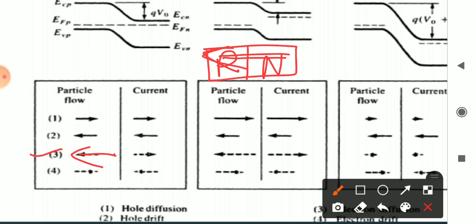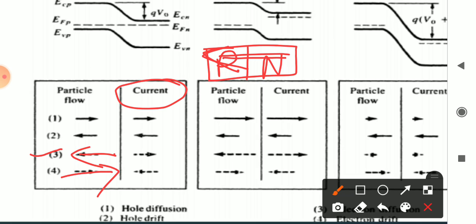Similarly, the fourth terminology is electron drift. Electron diffusion and electron drift are exactly opposite to each other. Drift and diffusion are opposite to each other. The current is always the same as the hole current.